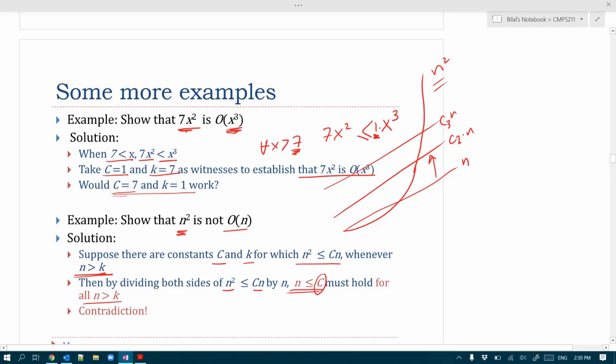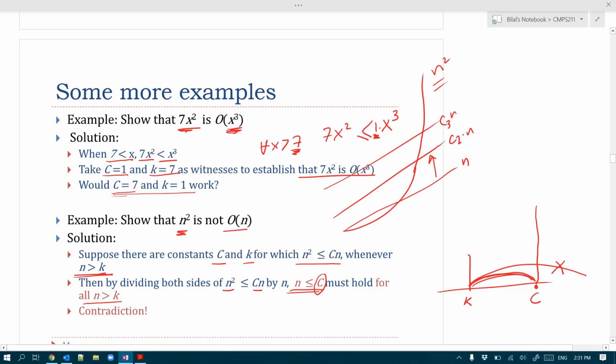This is impossible. So even if you choose k reasonably to be lower than c, n is less than or equal to c only in this chunk. So for all the n's that are greater than k but less than c, this holds. But no matter what c is, you'll always be able to consider n's that are bigger than c.